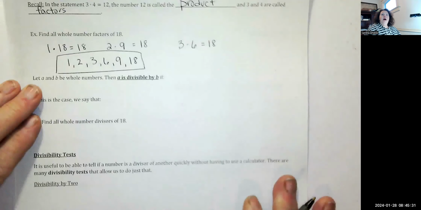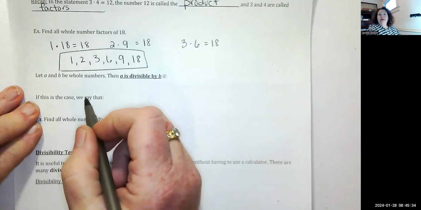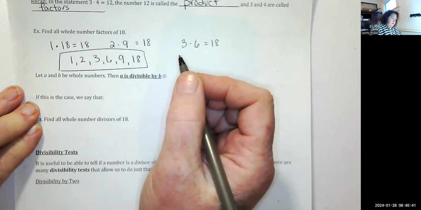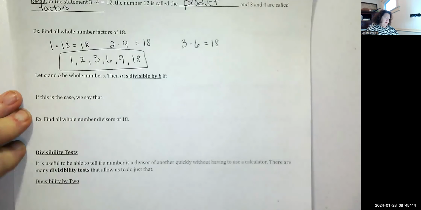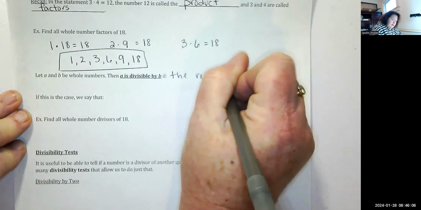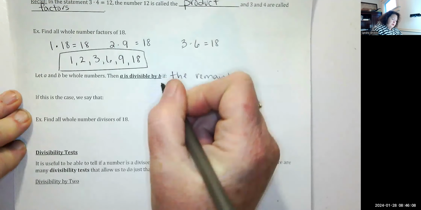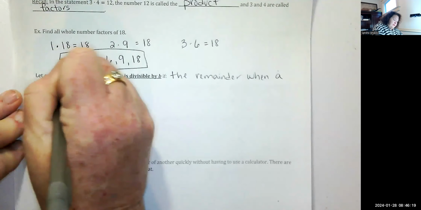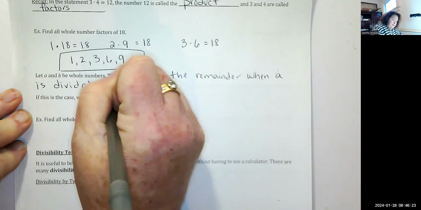Let A and B be whole numbers. Then A is divisible by B if the remainder when A is divided by B is 0.